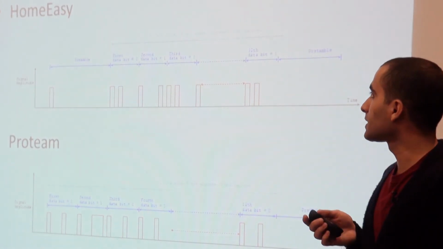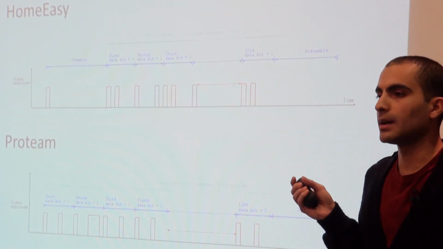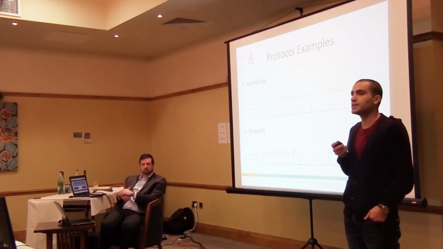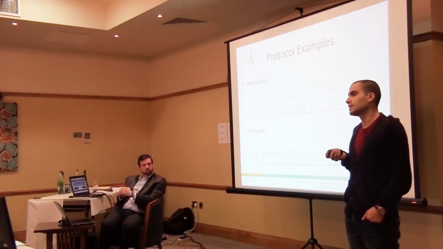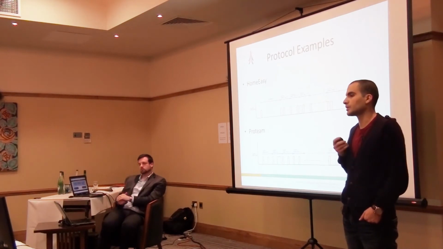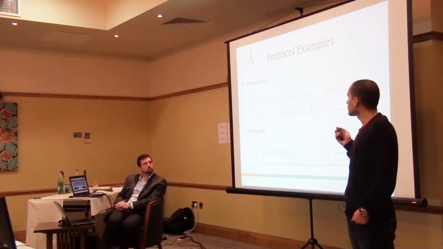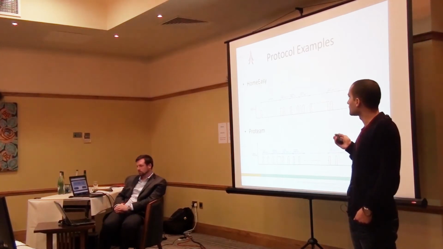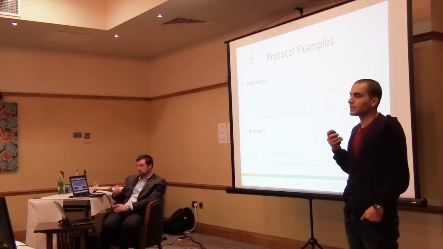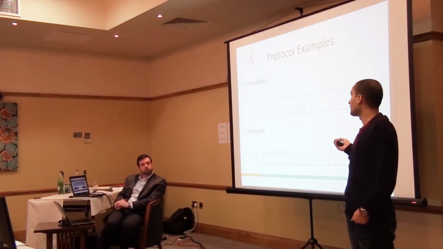In these pictures, we are seeing two sample protocols, HomeEasy and ProTeam. HomeEasy is used in power sockets and light switches, and the ProTeam protocol is used in power sockets. I'm showing these two examples because I said that protocols are different in these different network types.